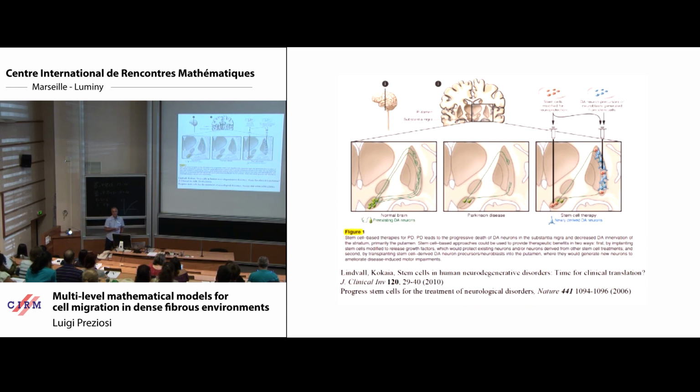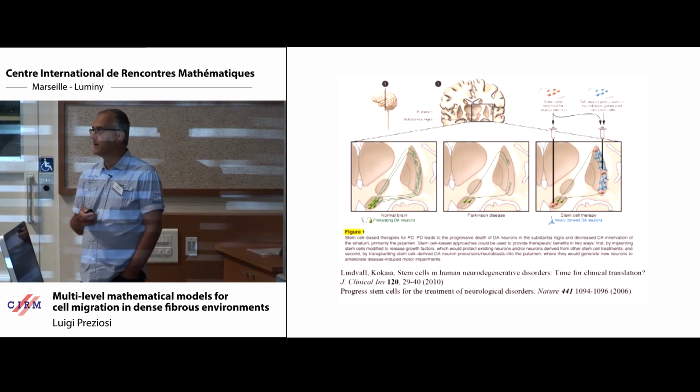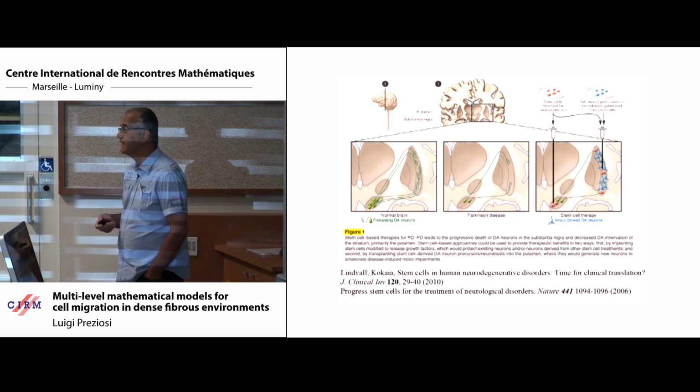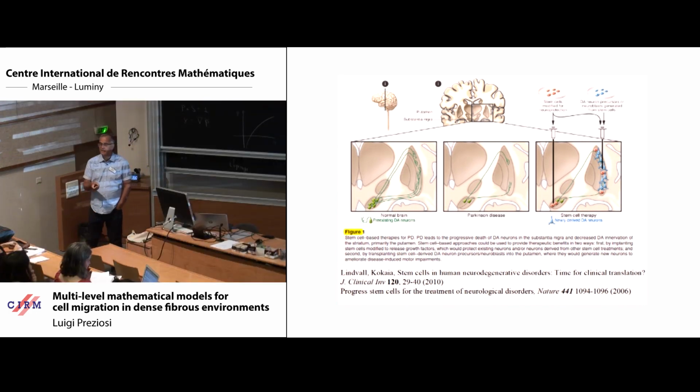The brain tissue is the softest one, probably like Nutella. So if you seed a stem cell there, it will not become a neuron. It will become a muscle.